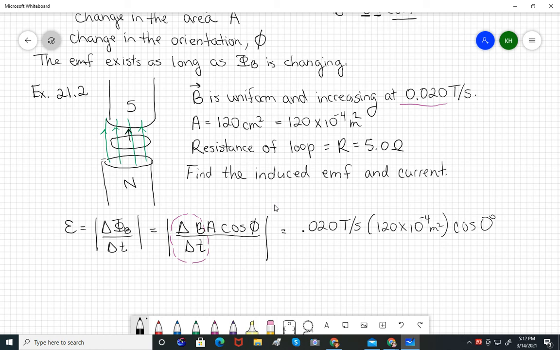So I put all this in a calculator, and I get that the induced EMF is 2.4 times 10 to the negative 4 volts.